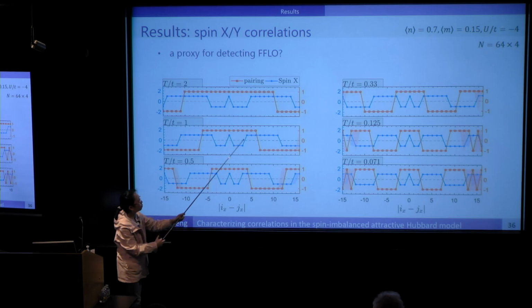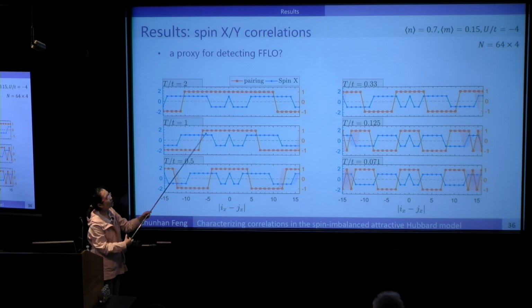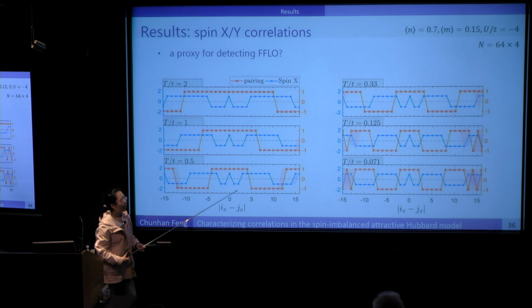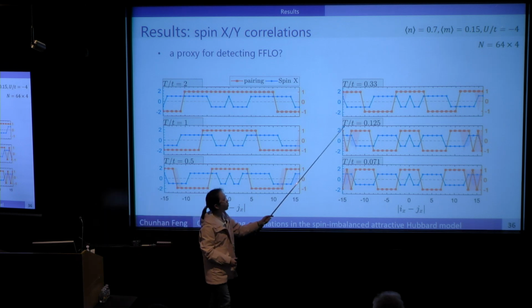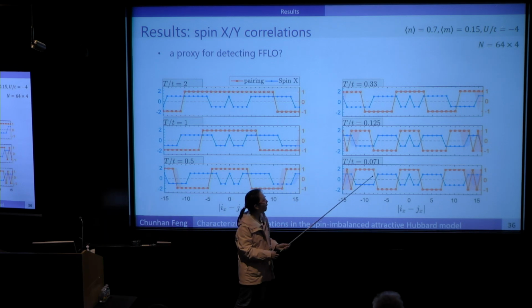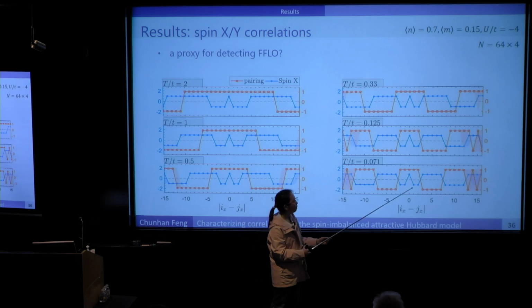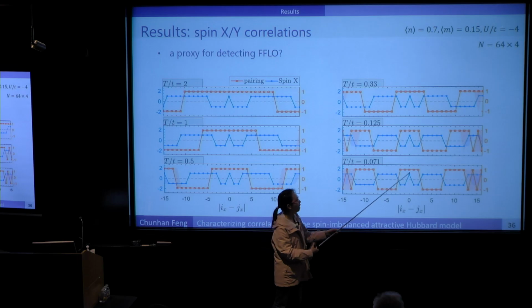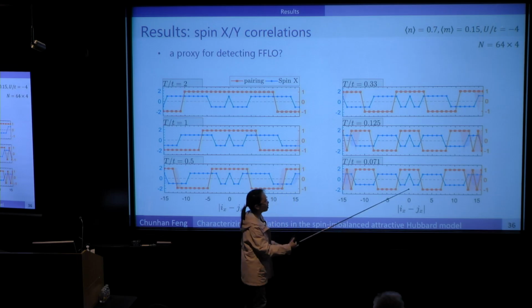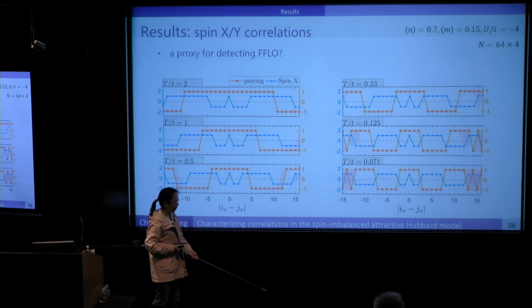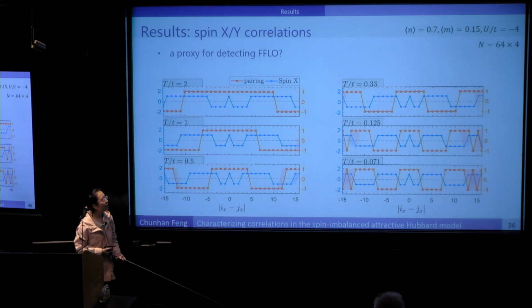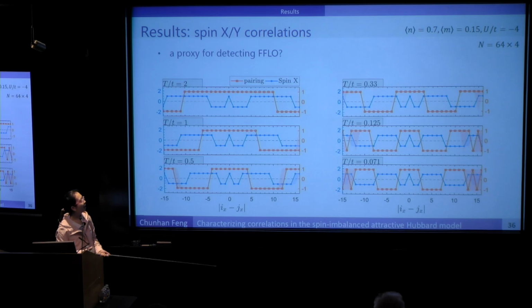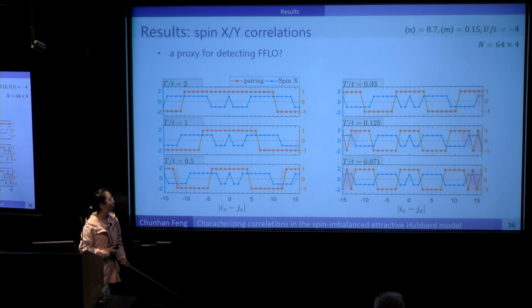When we lower the temperature a little bit, the wavelengths for both also decrease. Interestingly, at pretty low temperature, T equal to 0.125 or much lower, we finally see the wavelengths for the pairing correlations and the spin X correlations become the same. It might be interesting to explore this in experiments, and our collaborator, Martin, is also considering measuring this. Probably we can use it as a proxy to detect the FFLO order.